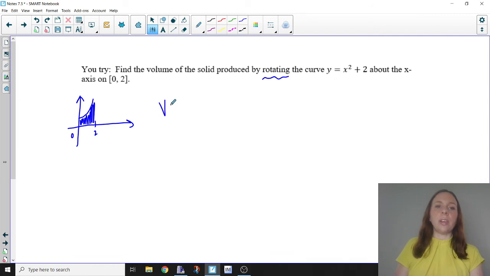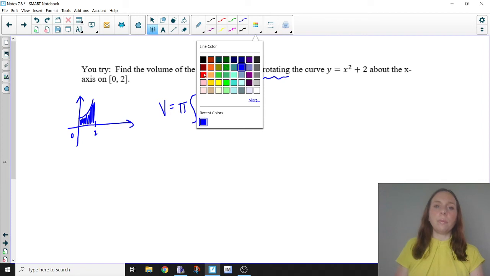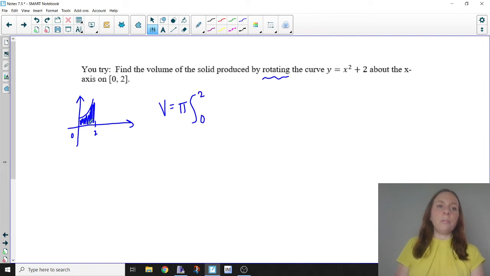So our formula, again, always starts with a pi, and then it is the integral over the interval of the radius, which would come from the function.